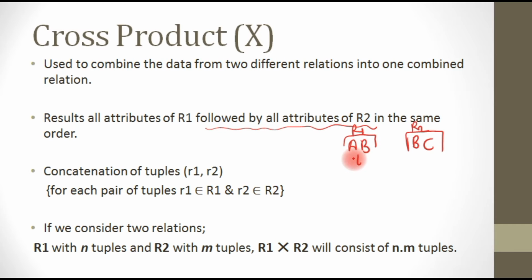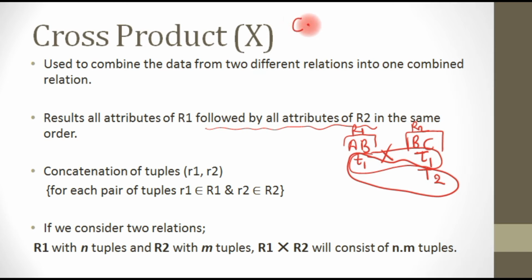If you have tuples t1 and t2 in one relation and T1 and T2 in the other, then the cross product is like this: small t1 will be concatenated with capital T1, and small t1 will also be concatenated with capital T2. Understood? This is called the product. You can also call it the Cartesian product.